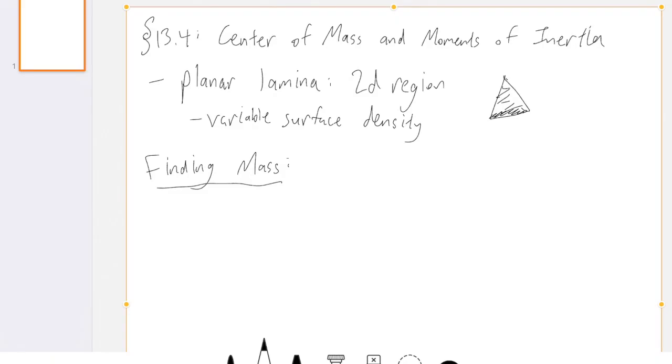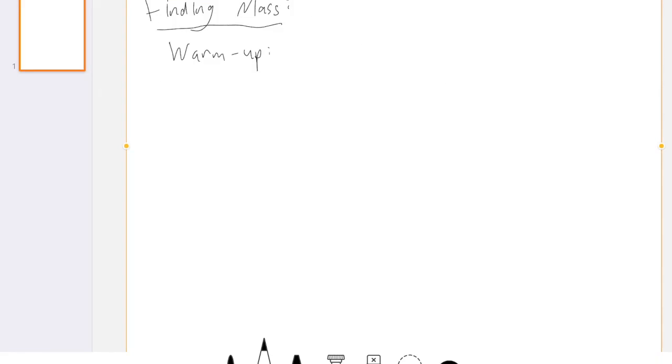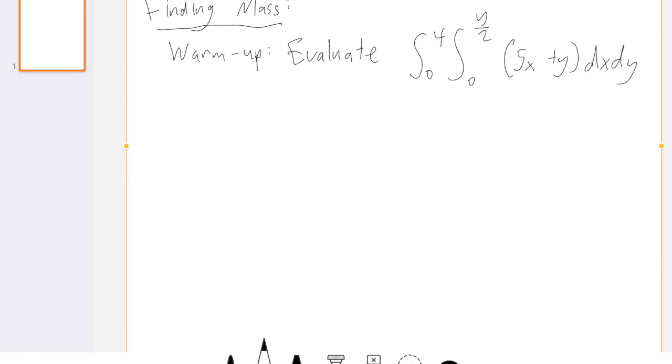And I'm just going to begin with a warm-up. So the warm-up is just evaluate this integral from 0 to 4, and then from 0 to y over 2 of 5x plus y dx dy.